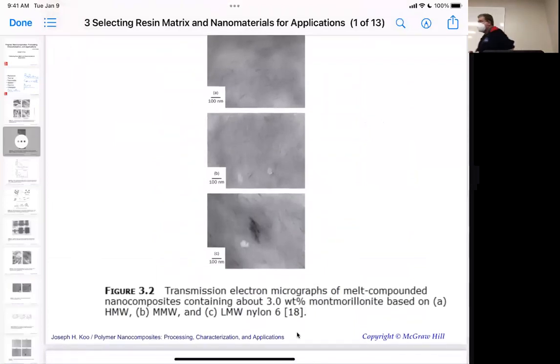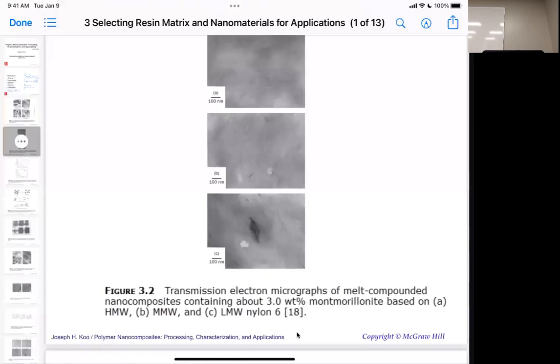What we can also see is there's an effect with the molecular weight, because molecular weight is going to change your viscosity at different temperatures. I'm assuming these are all made at the same temperature. Okay, so as we go from the high molecular weight to the medium molecular weight to the low molecular weight, the only thing that should be changing here is the shear generated by the polymer.